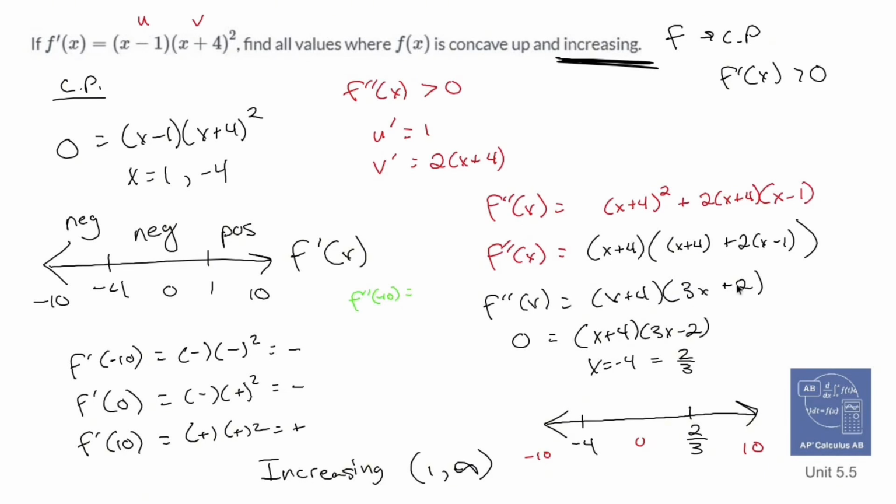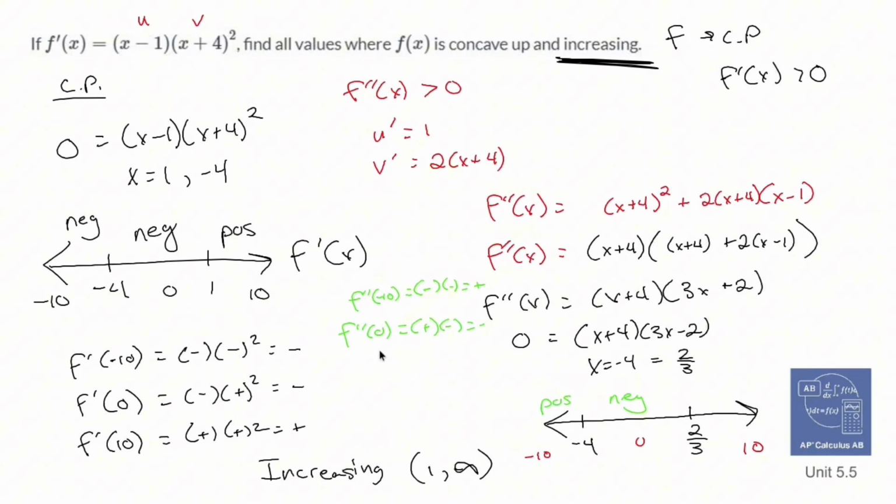Negative 10 times 3, that's going to be negative still. So a negative times a negative is a positive. So you're positive, which is concave up. I'll put positive because I'm trying to be consistent, not just the plus sign. Positive. If I plug in 0, f double prime of 0, I get 0 plus 4, which is positive, 0 minus 2, which is negative, so you're negative.